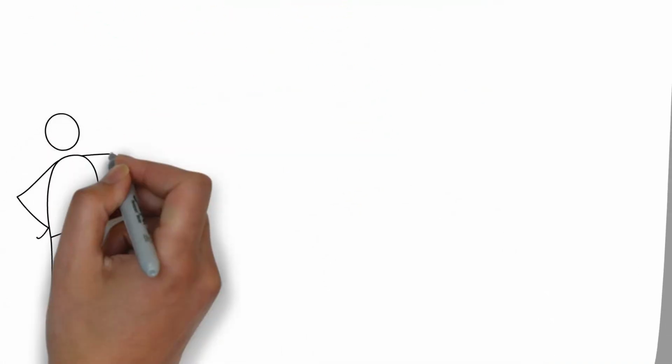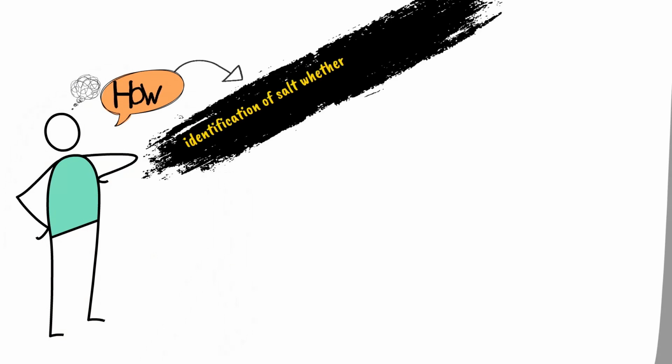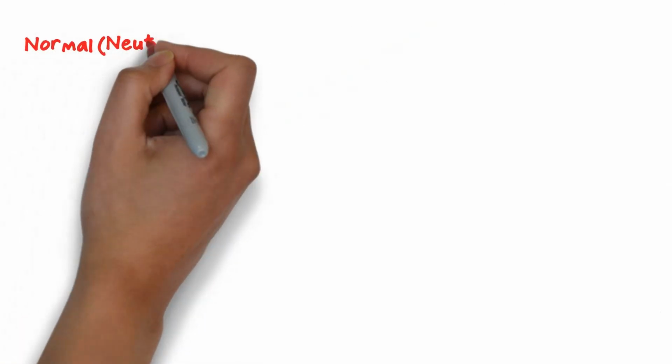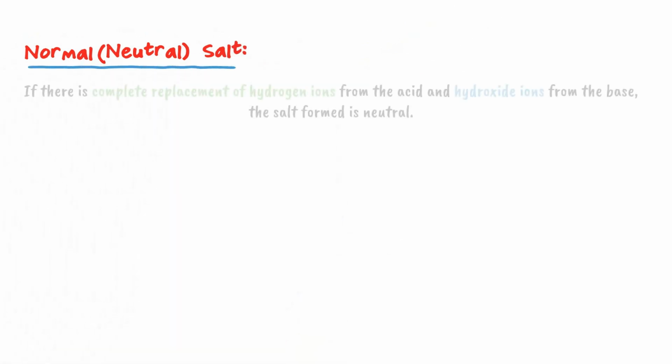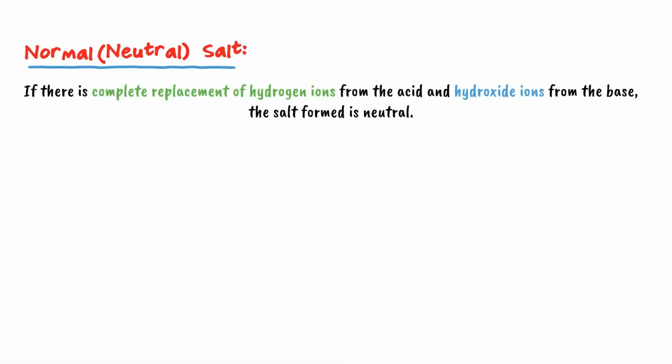Now let us discuss how you can identify whether a salt is acidic, basic, or neutral based on the reaction. Normal or neutral salts. If there is complete replacement of hydrogen ions from the acid and the hydroxide ions from the base, the salt formed is neutral.